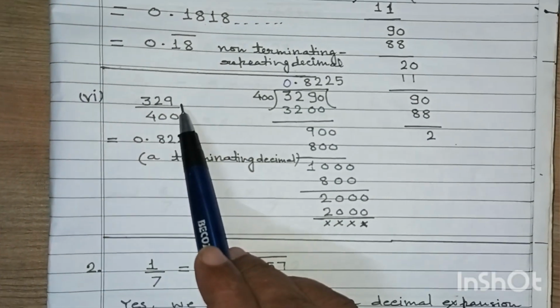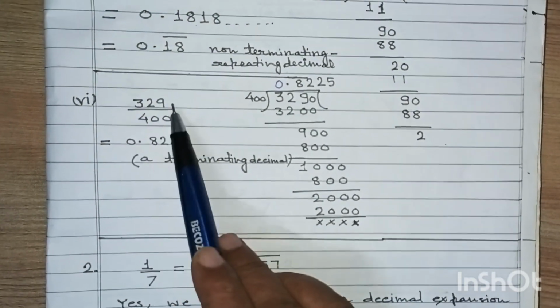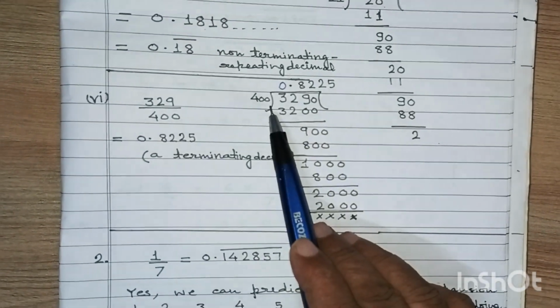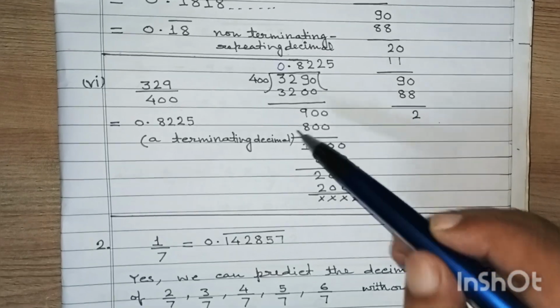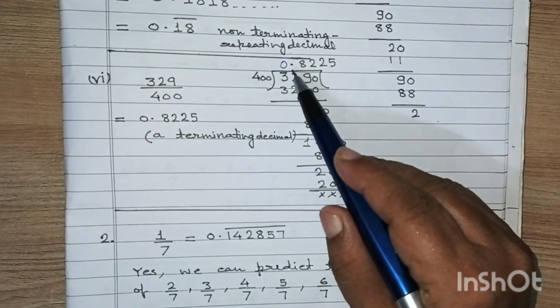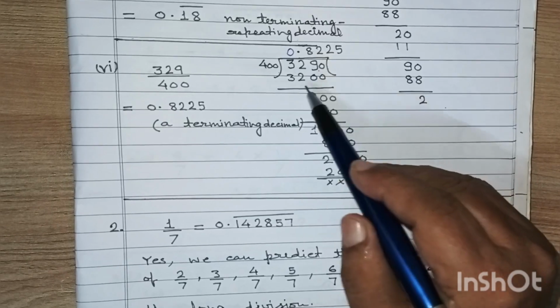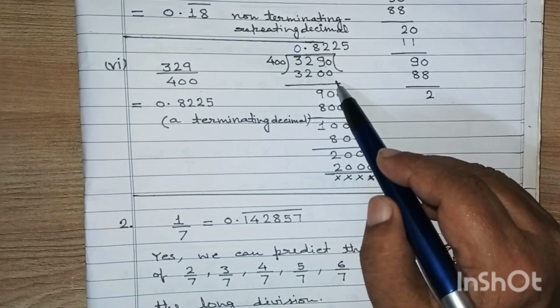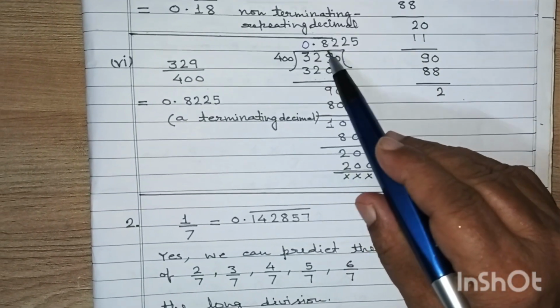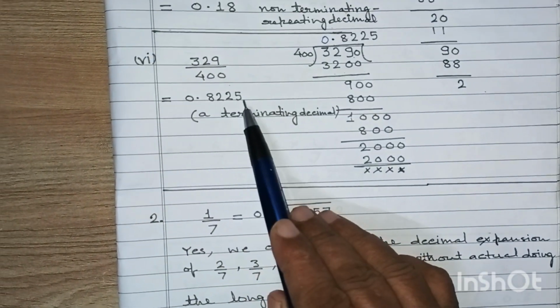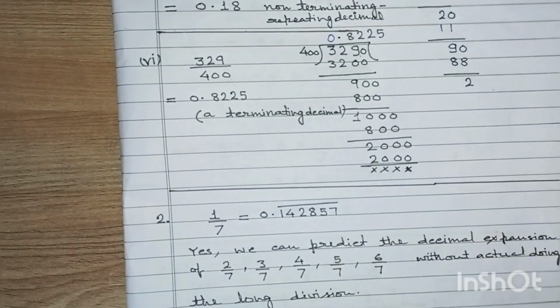Sixth part is 329 upon 400. 400 divides 329. Not divisible. Point. 3290, 8s are 3200. So that is 0.8225, a terminating decimal.